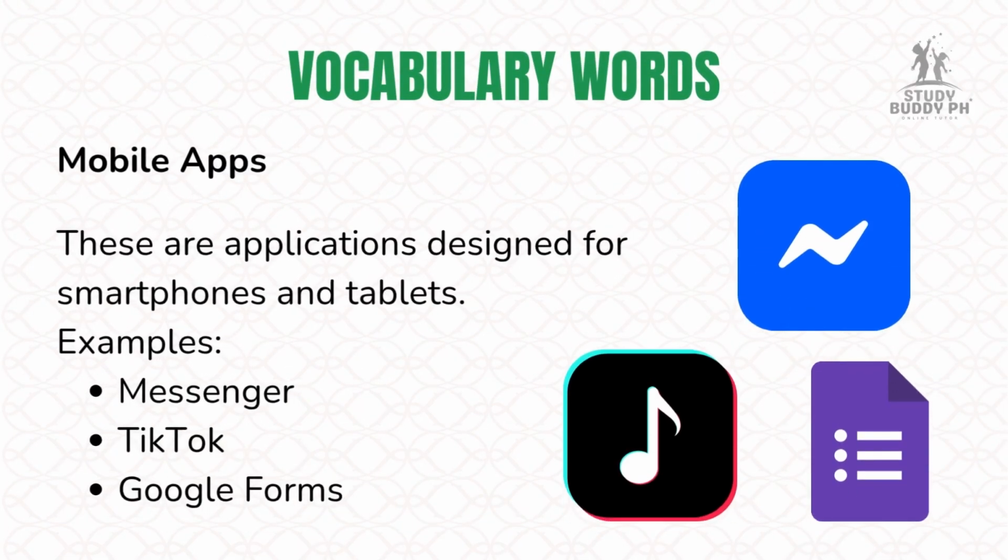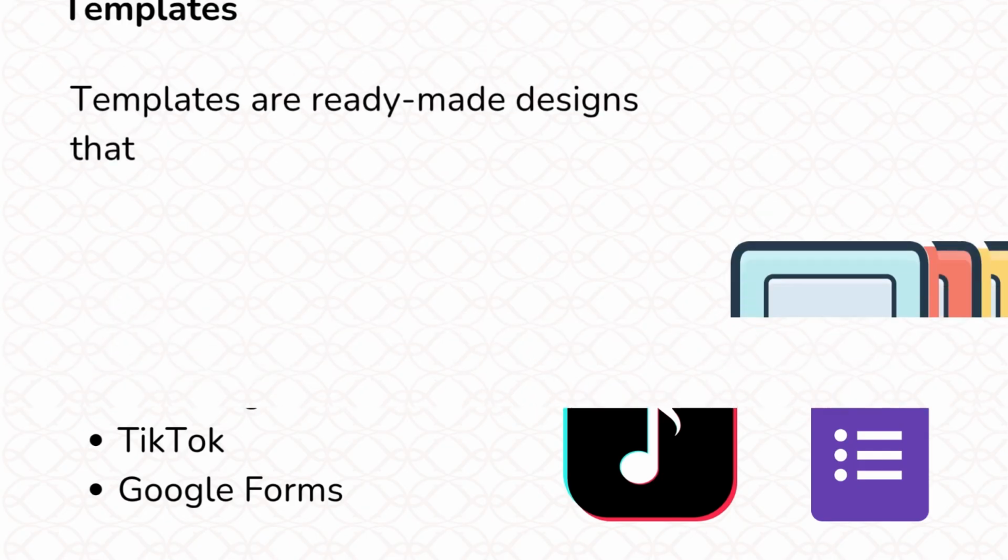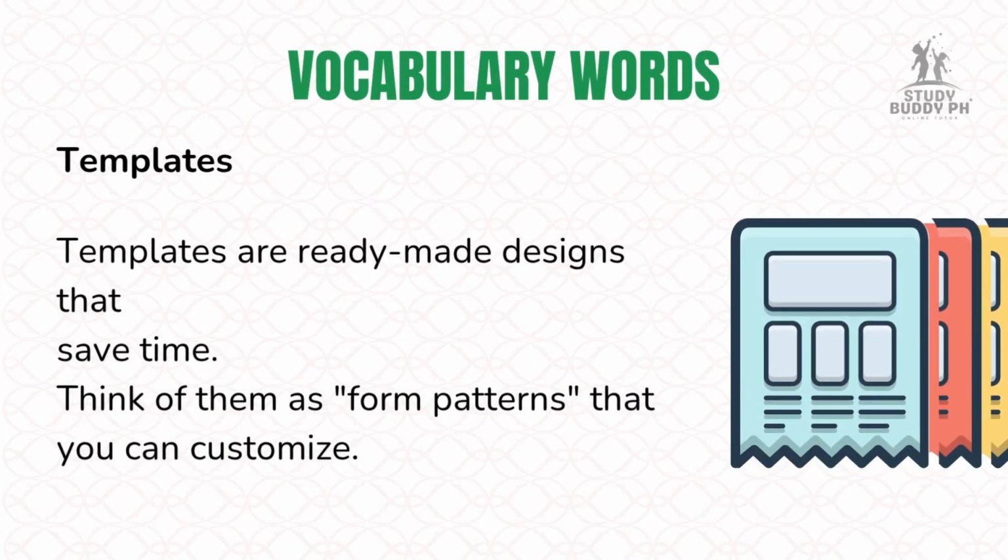Let's learn some important terms. Mobile apps. These are applications designed for smartphones and tablets. Examples: Messenger, TikTok, Google Forms. Templates. Templates are ready-made designs that save time. Think of them as form patterns that you can customize.